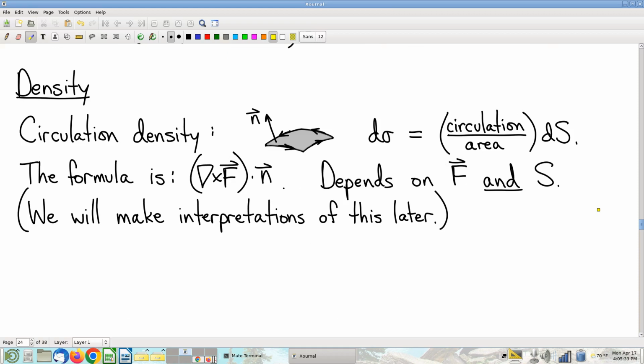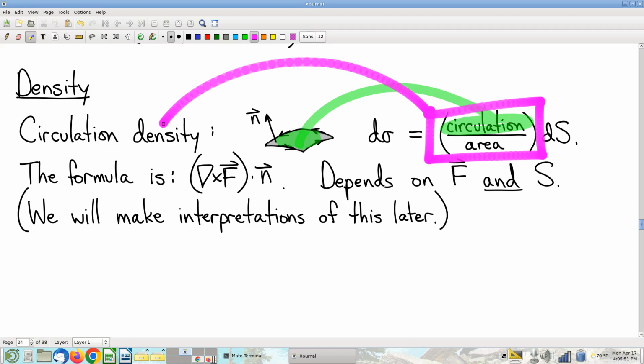If we have this quantity that we think of as distributed across area, then we can ask very reasonably how much of that quantity, circulation, is there per unit area? The quantity in question being circulation, we call this circulation density.